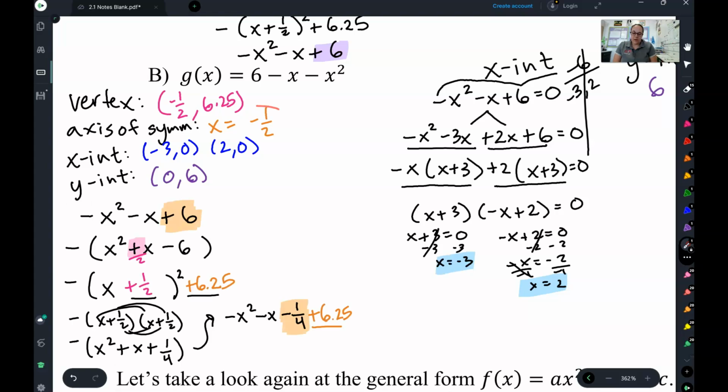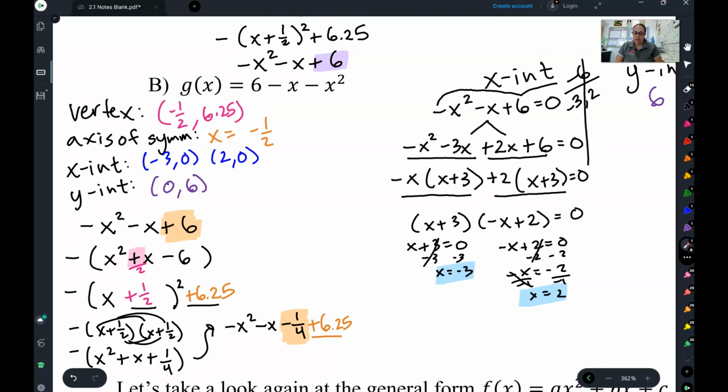So if I can find my axis of symmetry by just going halfway, then that means you also know the x value of your vertex because they're always the same. So then the last thing you really need is to find the y value of the vertex. Well, if I know what the x value is, to find the y value, you can just plug the x value into the equation.